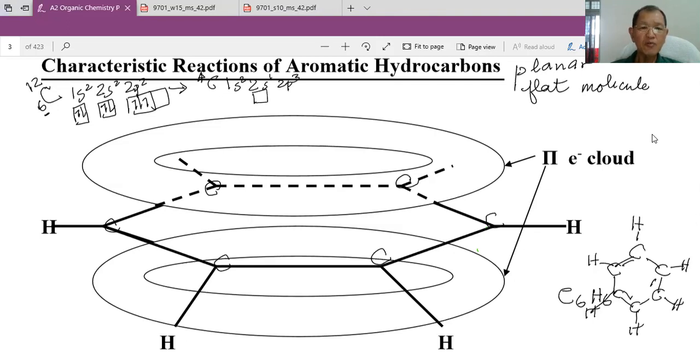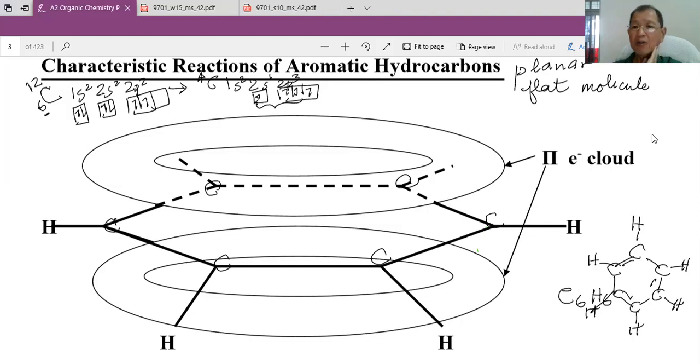So I'm going to draw these here. Now one of the electrons in 2s is promoted to 2p, so now I've got 2s1, 2p3. In your alkanes it is sp3 hybridization. In your alkene it is sp2, one s and two p. So it forms sp2 orbitals.